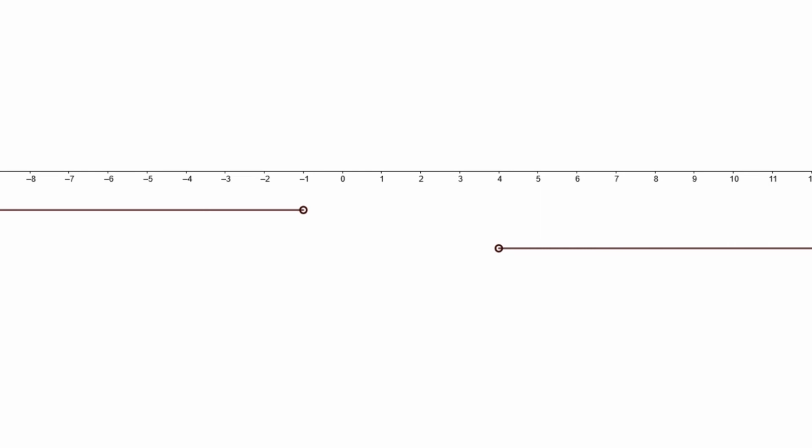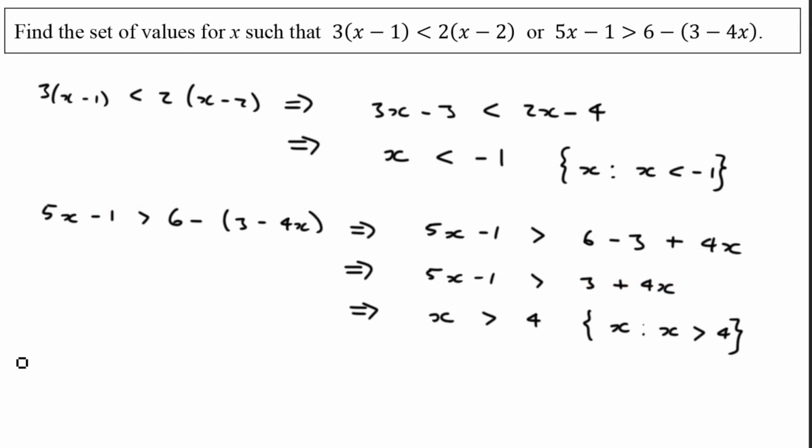If we are interested in solutions to one inequality or the other inequality, then we would have to consider all of these possible solutions. In other words, our final solution are values of x which are less than -1 or greater than 4.